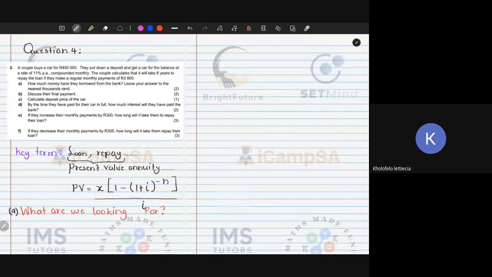And the couple calculates that it will take 6 years to repay the loan. So the question is essentially how much did they borrow from the bank if they are paying that 3,800?